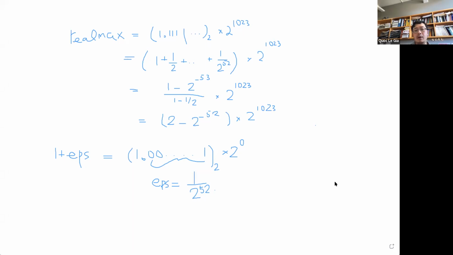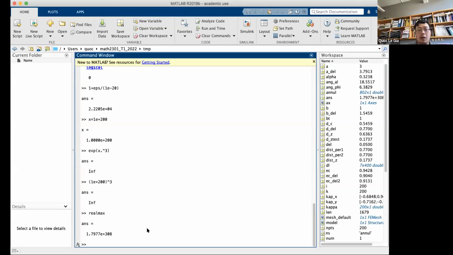So remember this number, I put in 2 minus 2 to the minus 52, multiplied by 2 raised to the power 1023. And I get realmax.